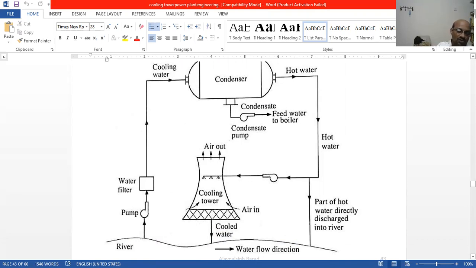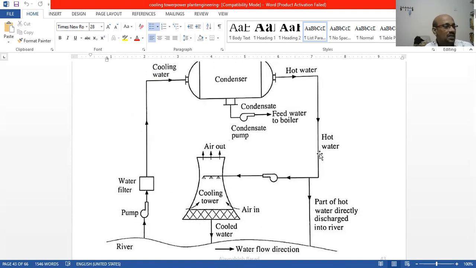Here there is no separate water source. Instead, from the river we extract water with the help of centrifugal pumps and send it to the filter, and that cooling water goes to the condenser. Then hot water comes out from the condenser, and the condensate is directly fed again to the boiler.